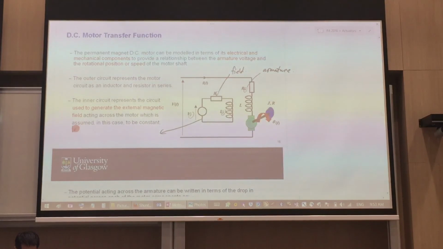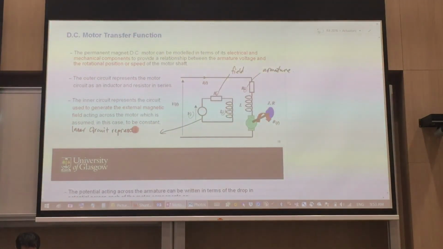So this one, the inner circuit, represents the generation of a constant external magnetic field across the motor.